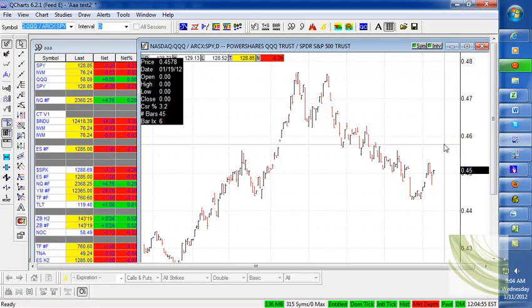This is also something that's interesting to consider when deciding if you're going to trade the Qs or the TF, which is the Russell, or any one of these other vehicles, YM, which is the Dow Jones Industrials.